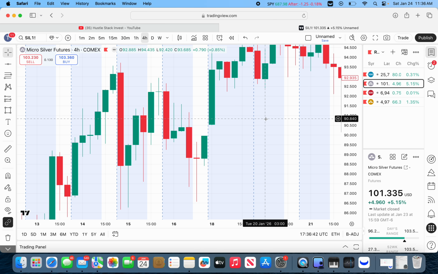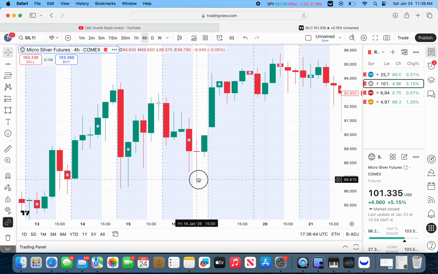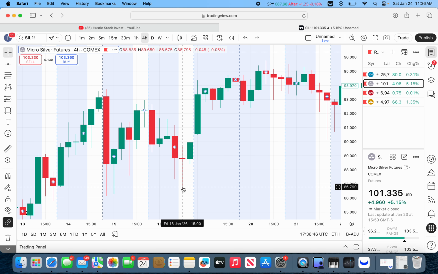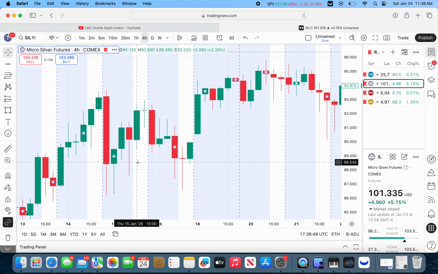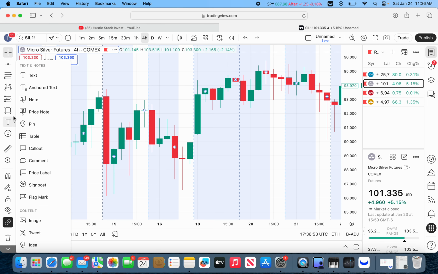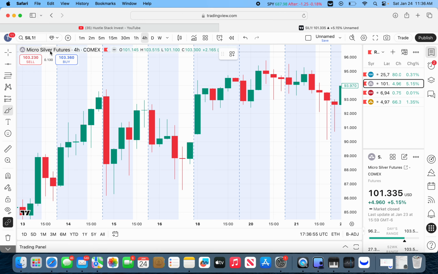Because don't forget, what makes a fair value gap invalid is if wicks are overlapping. If the wicks are overlapping and there's no clear gap, if you can't draw a rectangle box, there's no clear gap, it's not a fair value gap. It should be no wicks overlapping this second big candle.